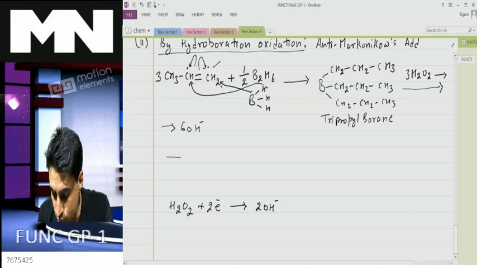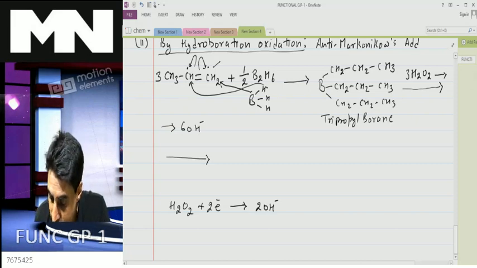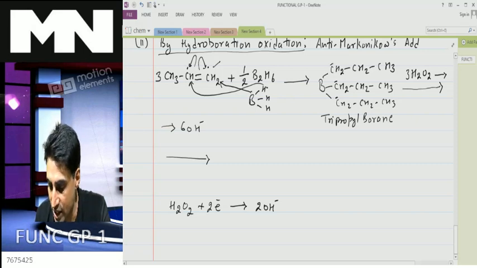Out of those 6 moles of OH negative ion, 3 OH negative are going to combine with these three carbons.